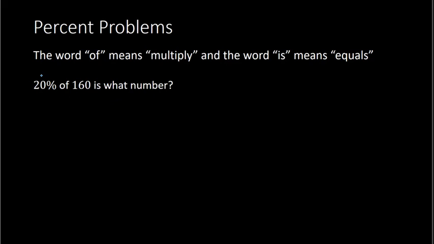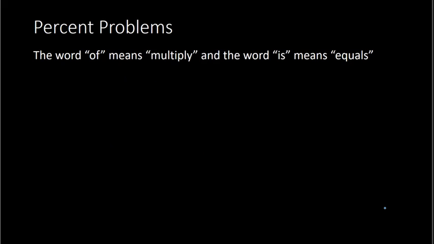So 20% is the same thing as 0.2. Of means to multiply. Then you have 160. Is means equals. And then what number, you don't know what that is, that will be your x value. So we have 0.2 times 160 equals x. And we can solve this where 0.2 times 160 would give me 32. So my solution is 32.